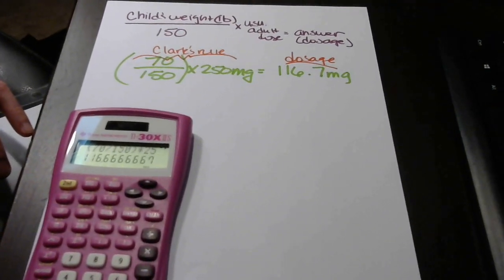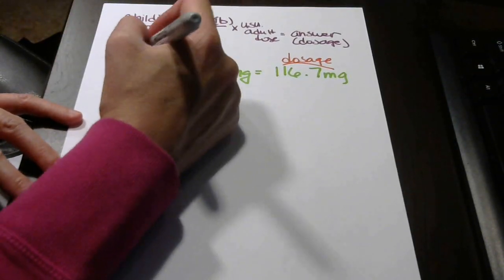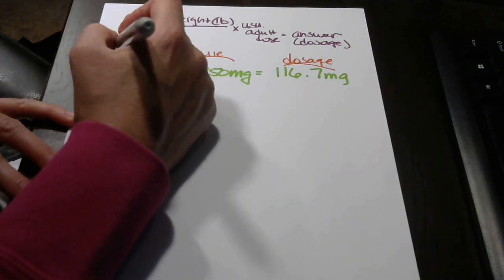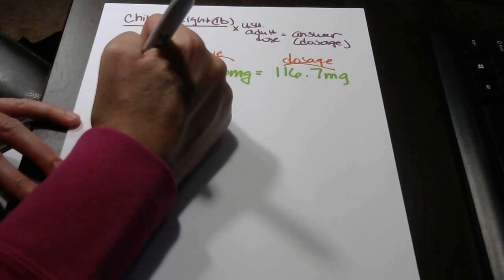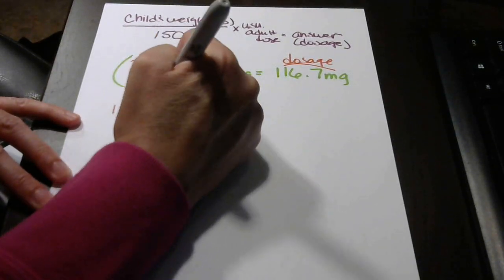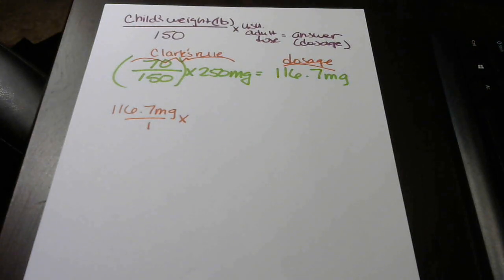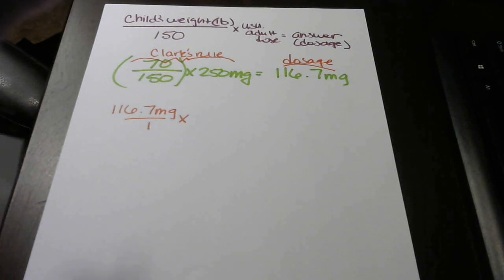Sorry, I keep hitting my little camera here. Okay, so we are going to take that and plug that into our drug calculation. So first is dosage, so 116.7 milligrams over 1 times the supply. And the supply we're given is 75 milligrams over 0.5 milliliters.